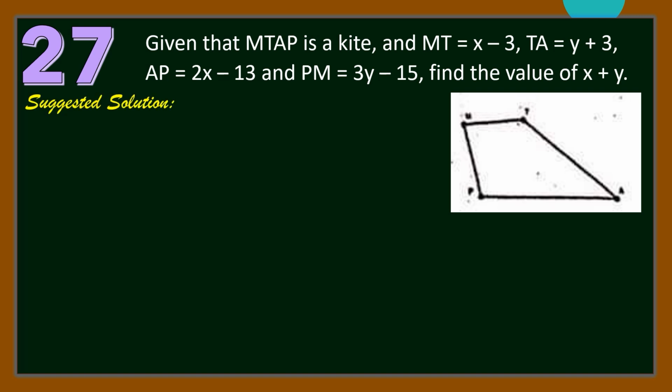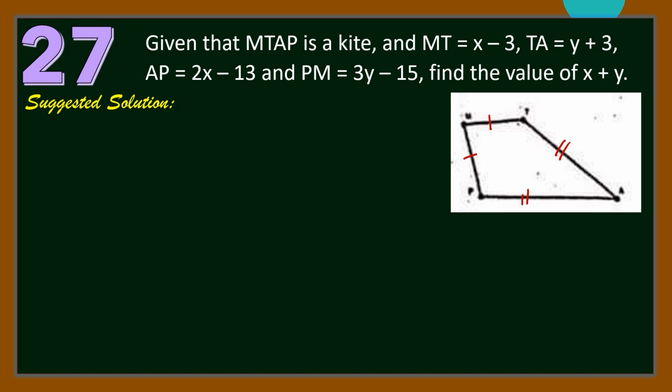For our solution, since MTAP is a kite, by definition, we have two distinct pairs of adjacent sides that are equal. So we have MT is congruent to PM and TA is congruent to AP.